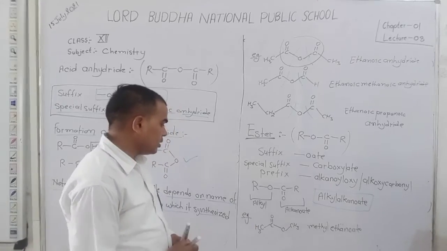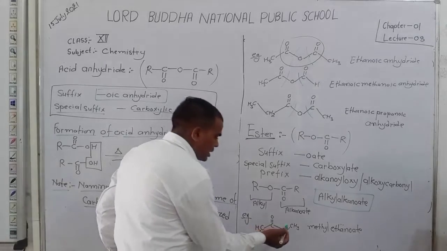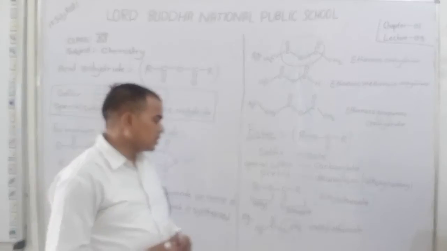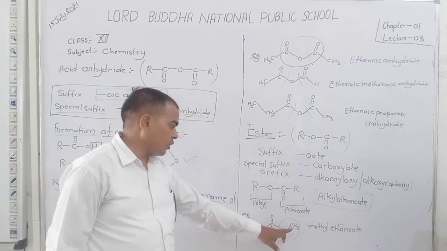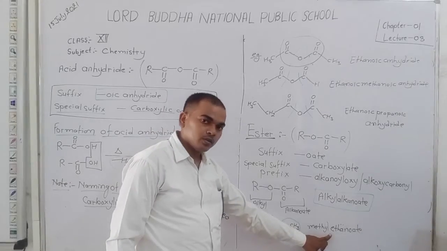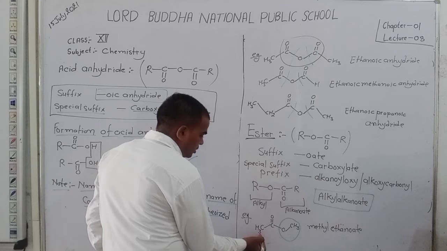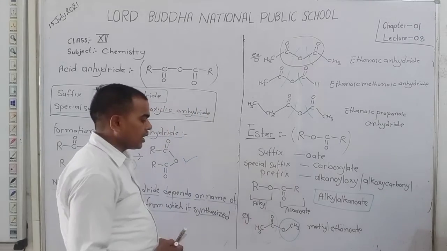For example, in this example, this carbon alkyl group is attached to the oxygen, so first write its name. One carbon is methyl, so first we write methyl here. Okay, student. Now this alkyl group is attached to the carbonyl, so it is treated as alkanoate.